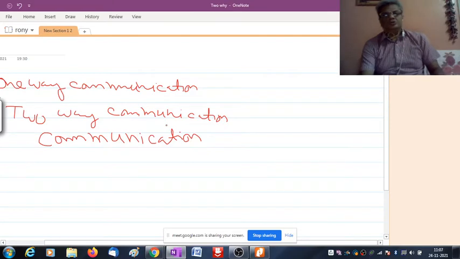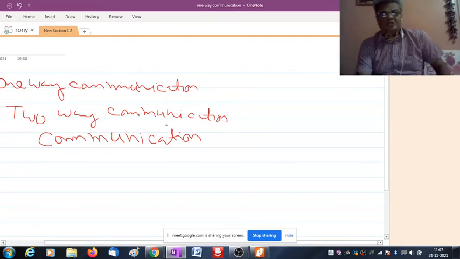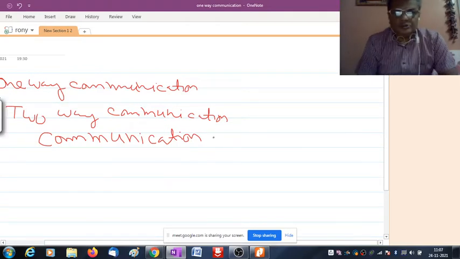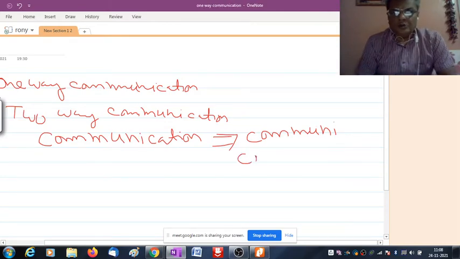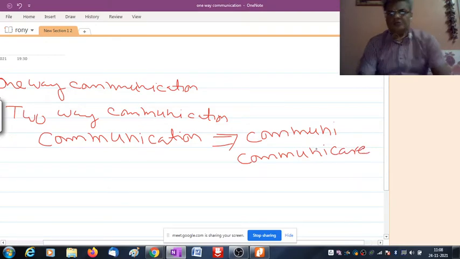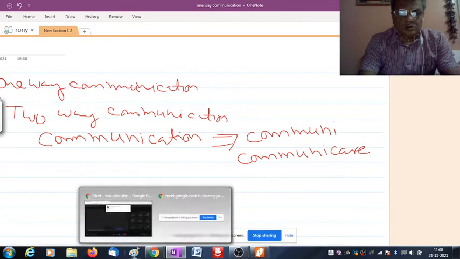Basically, just to recapitulate, communication is derived from the Latin word communi. Somebody uses the term communica instead, but the most common word is communi.